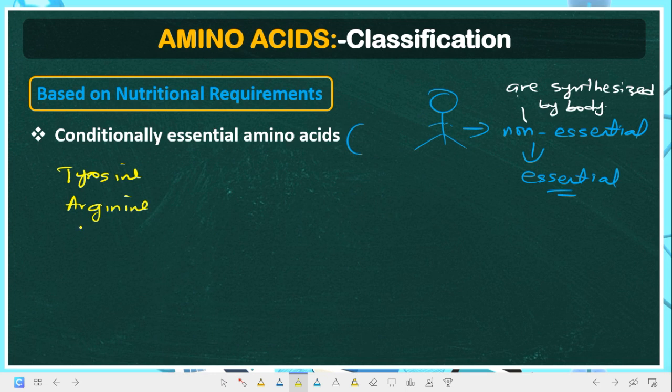We have another example: glycine, cysteine. All these are conditionally essential amino acids. Are we getting it now? So that is based on the nutritional requirement. Based on nutritional requirement, we classify them into the essential or indispensable.